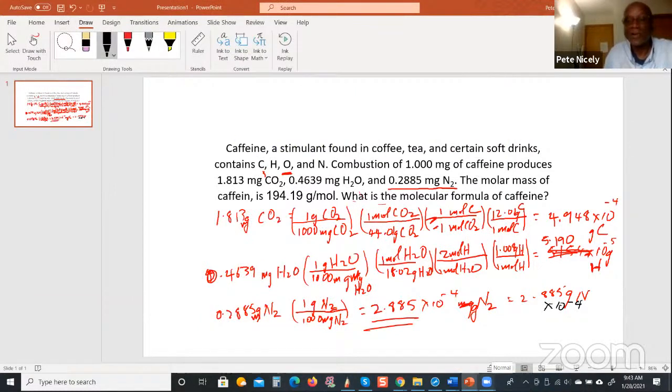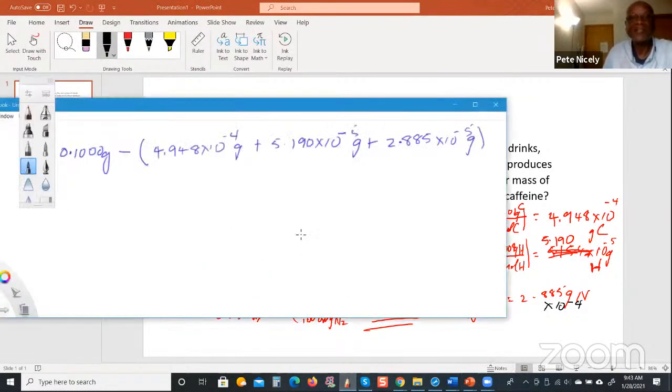All right. Okay. So going back to this right here, we need to work this out. So let me do that now. So I'll work out what's within the parentheses first. 4.948 times 10 to the minus 4 plus 5.190 times 10 to the minus 5 plus, okay, I did something wrong with my calculator, so I need to start over. 4.948 times 10 to the minus 4 plus 5.19 times 10 to the minus 5 plus 2.885 times 10 to the minus 4, equal.